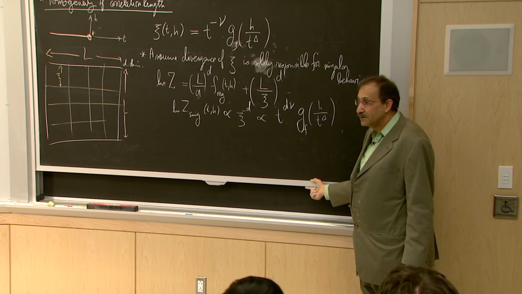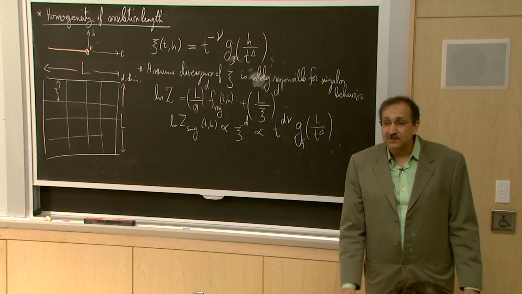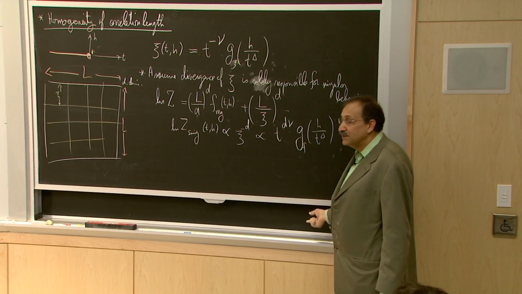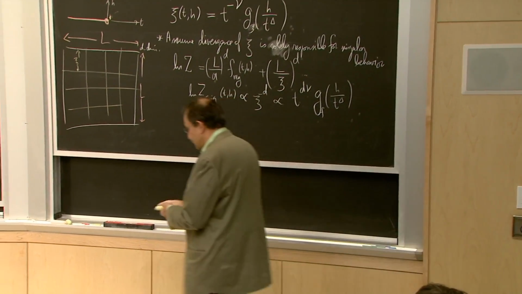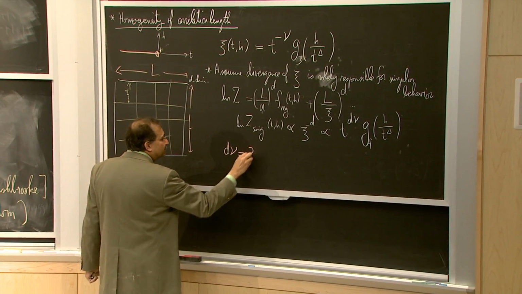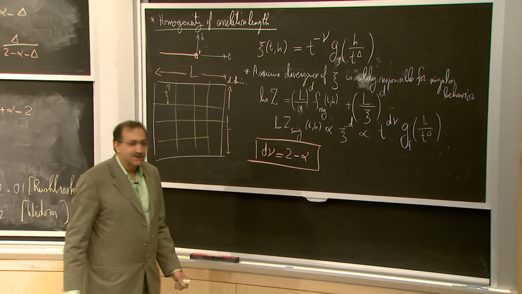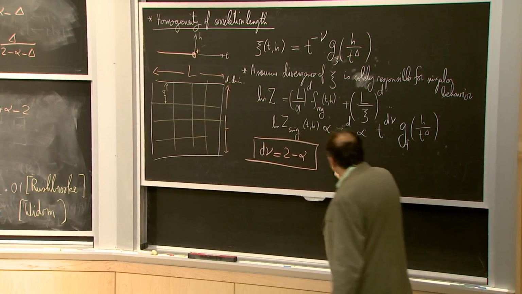Okay? So now my ansatz 2.0 matches my ansatz 1.0 provided dν is 2 minus α. So I have dν is 2 minus α, which is known after Brian Josephson.